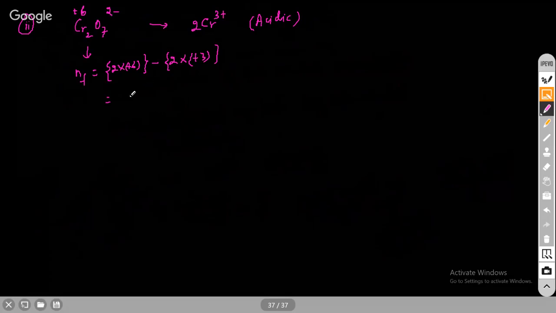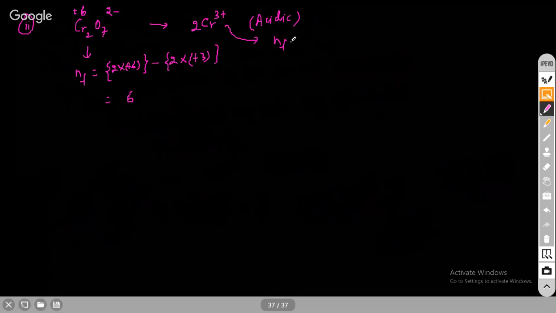So that will be plus 6, or 6 simply. So the n factor will be 6 here. If we find it for Cr3 plus, the change in electrons is nothing but 6 only.